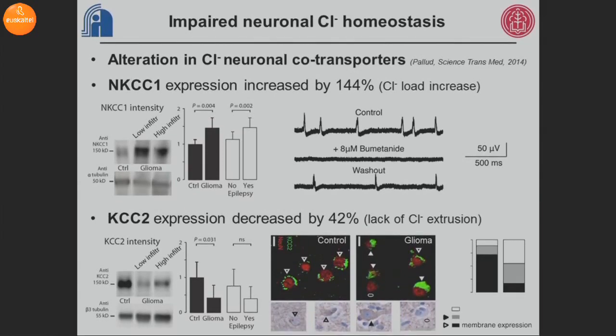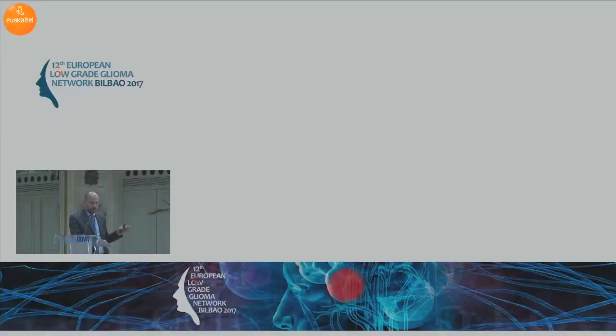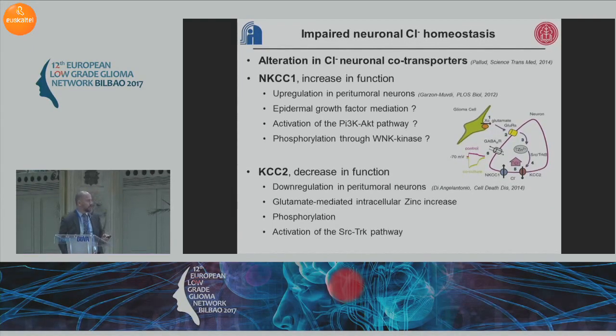These abnormalities were triggered by glioma cell signaling. It is not perfectly understood for NKCC1, but some glioma cell signaling is involved, and it is better known for KCC2 because it is under the SRC tyrosine kinase pathway.